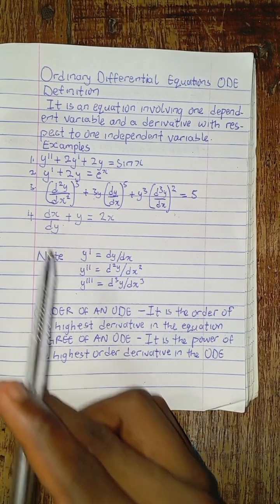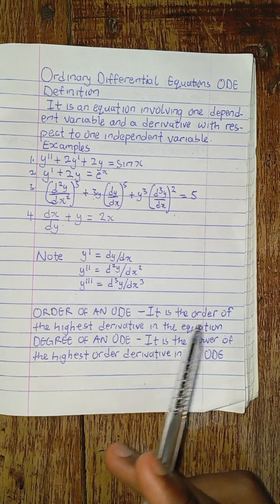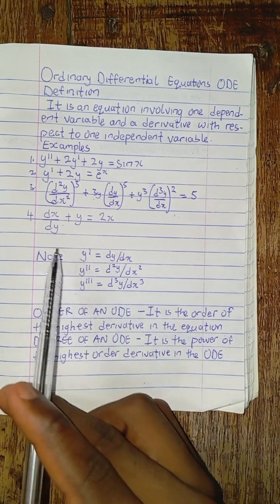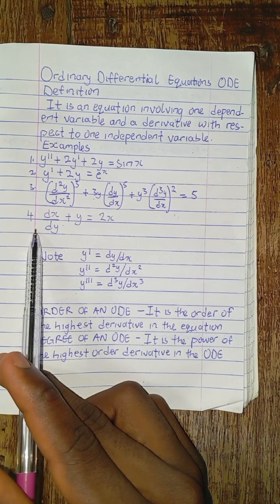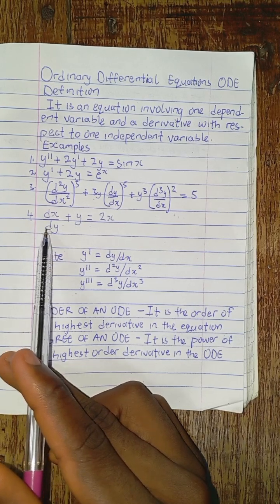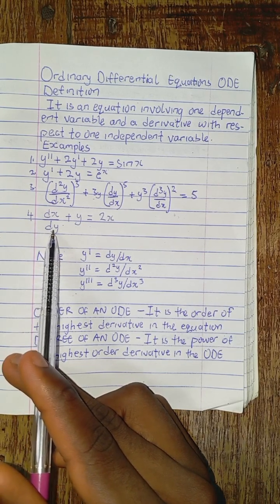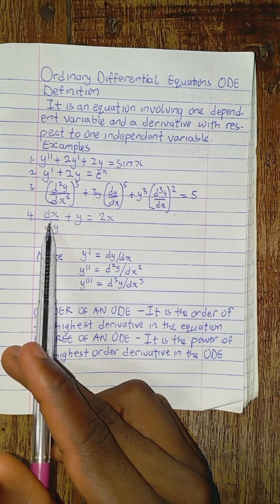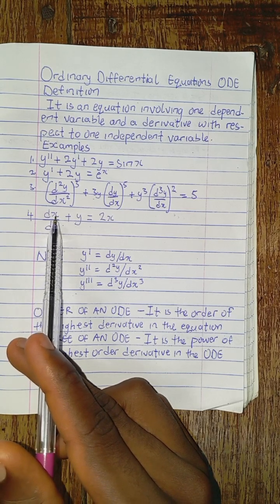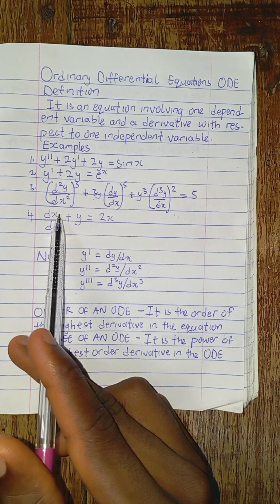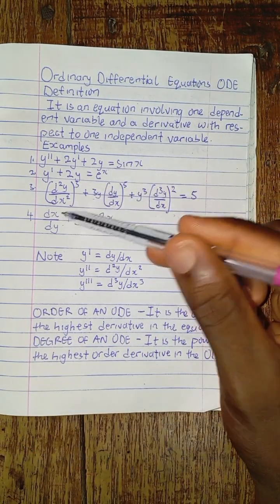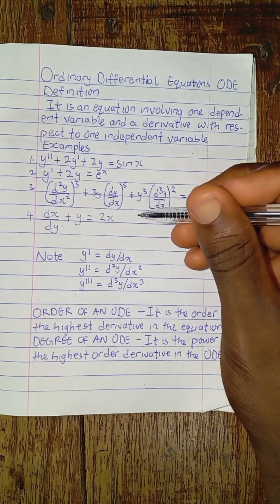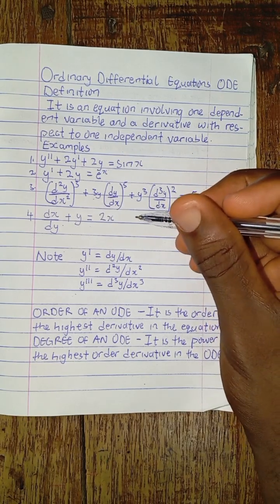From what I said, it is the order of the highest derivative. So in example 4, what is the highest derivative? That should be the dy over dx. That is actually the only derivative, and this is the first derivative. So the order of this example is going to be 1.